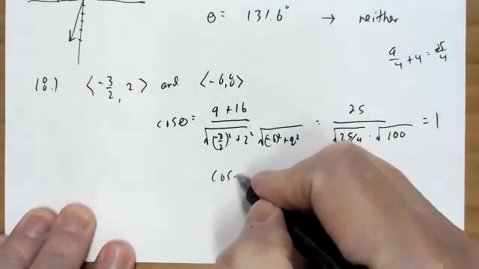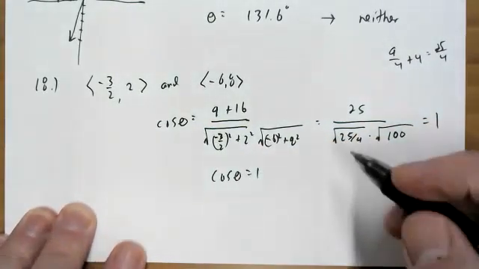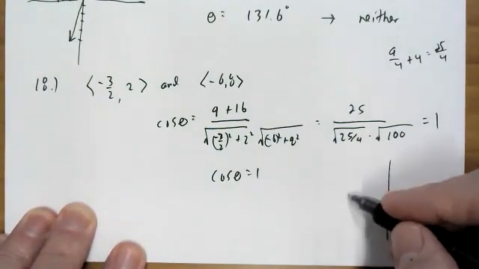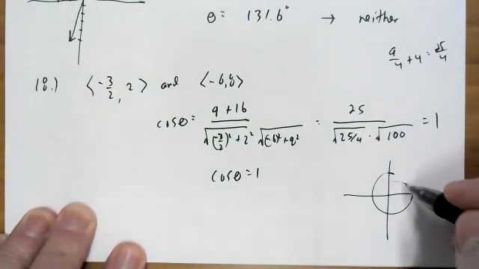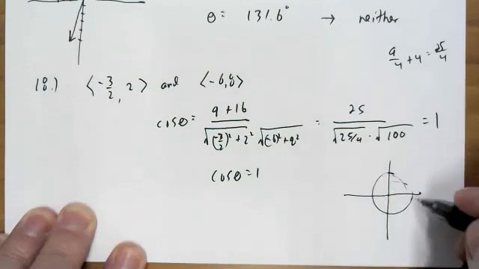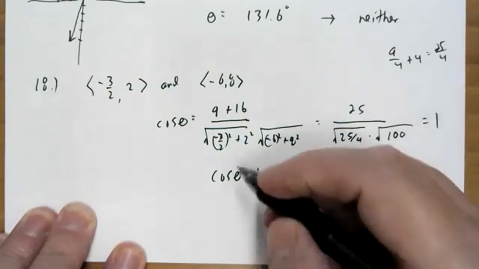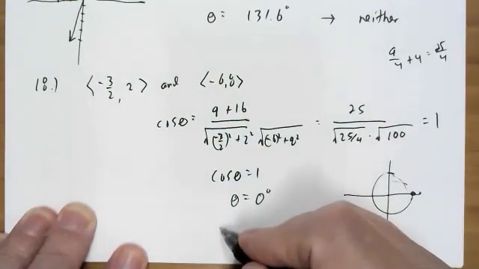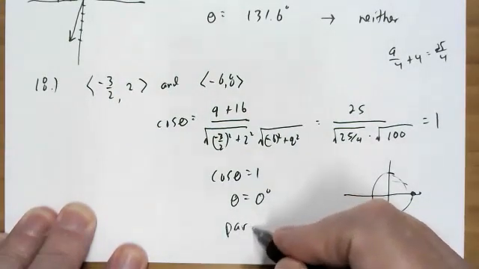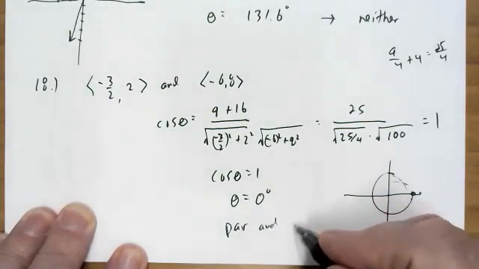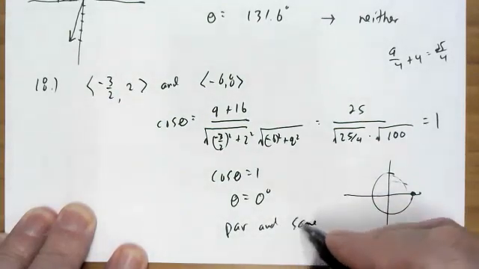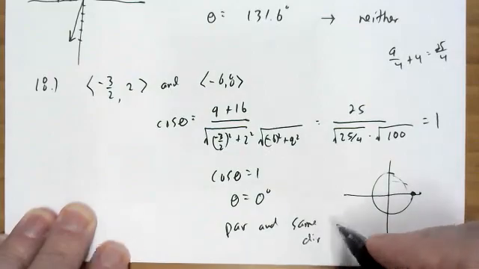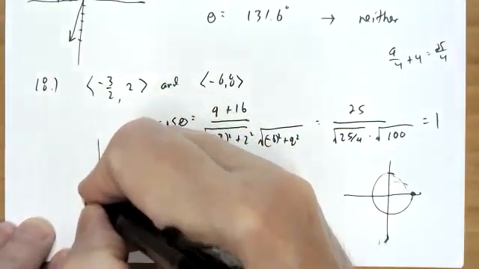So the cosine of theta equals 1. Once again, think of the unit circle. What's the angle where the cosine is 1? It's right here. 0 degrees, which means these vectors are parallel in the same direction.